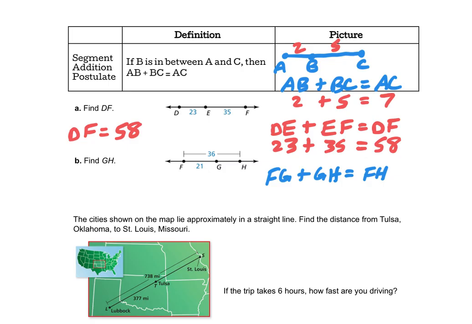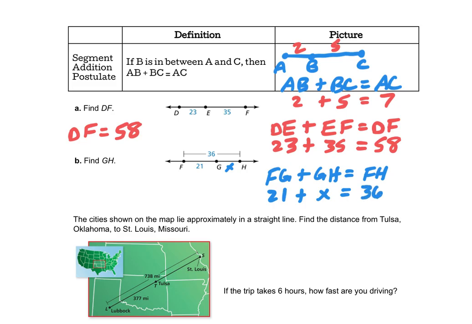On this one, we know what FG is. FG is 21. GH, that's what we don't know, so I'm going to put an X right there, because I'm just writing an equation out here. 21 plus something, because we don't know what GH is, so it's an unknown, equals FH.